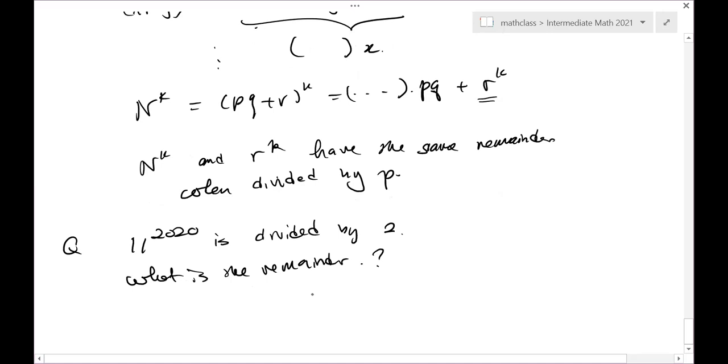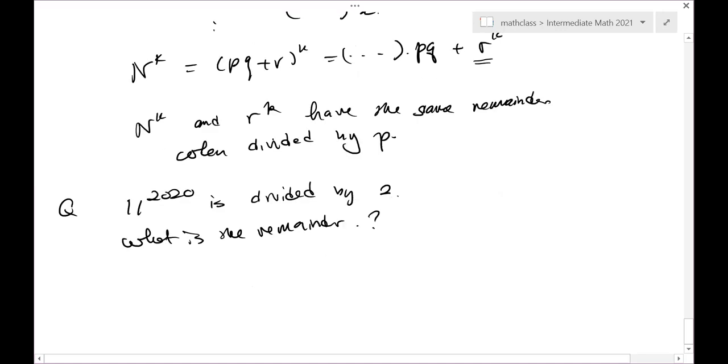What I can do is write 11 to the 2020 as 11 squared to the power 1010, where 11 squared is 121.